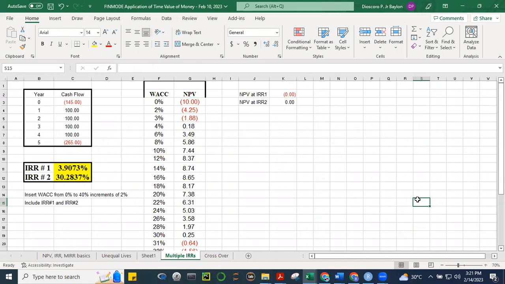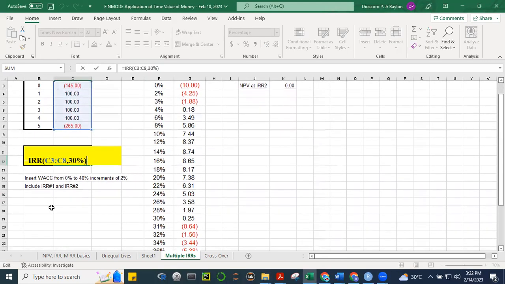Please take note that multiple IRRs will occur if you have cash flows that are negative aside from year 0. I hope you're able to follow, class. Formula for IRR2.